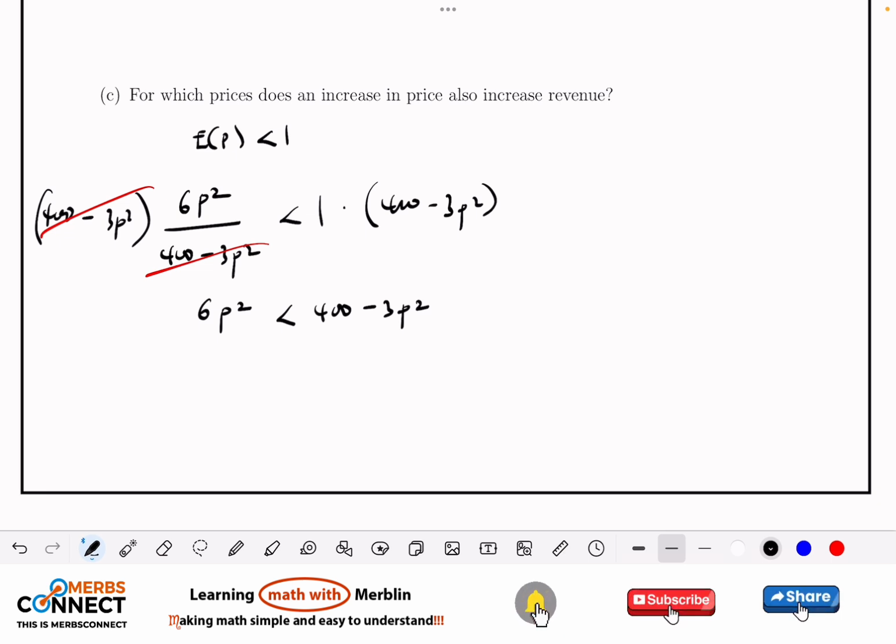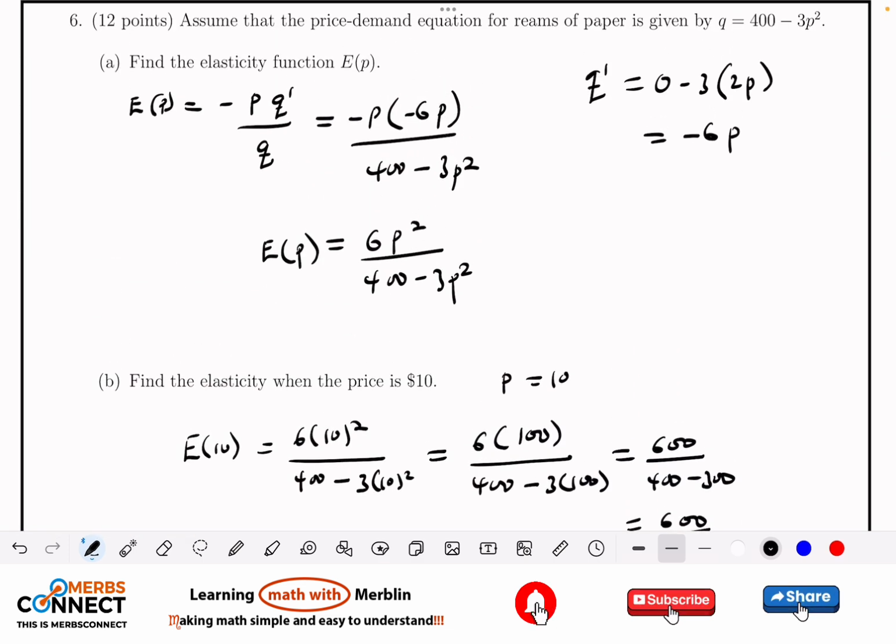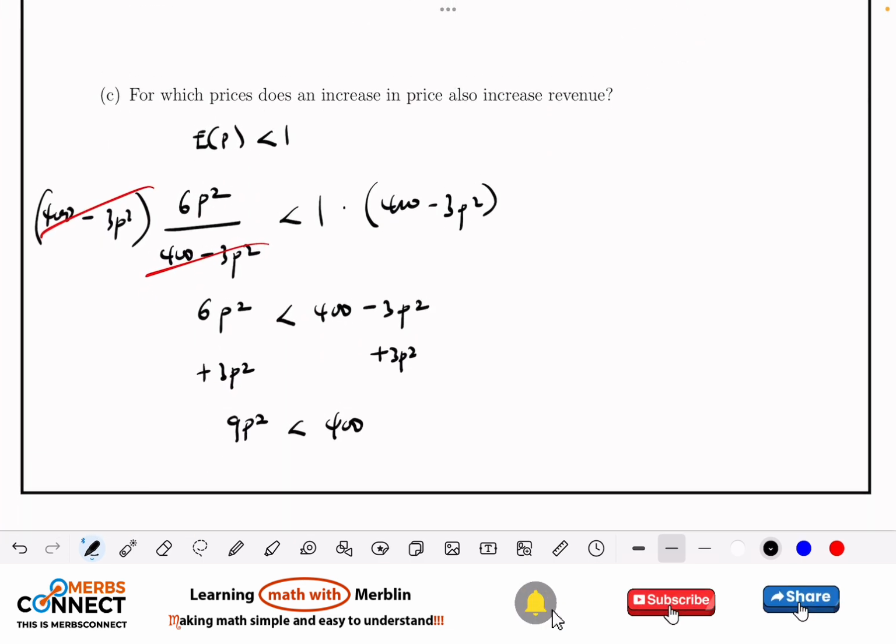I'm going to add 3p squared on both sides. So 3 plus 6 plus 3 will be 9p squared, less than, when I add, I'll get 400.